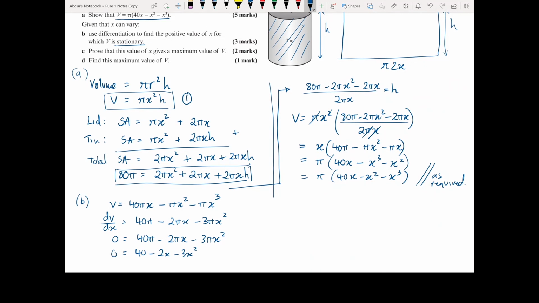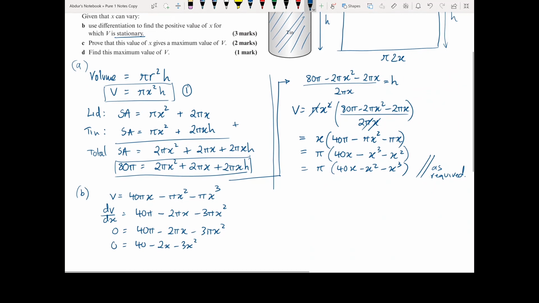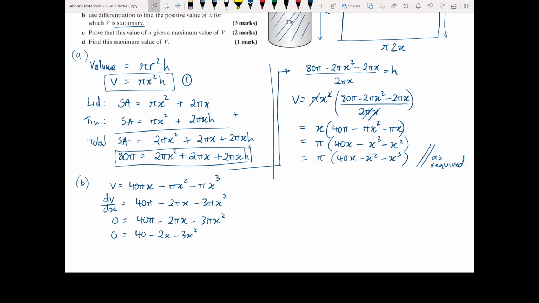We can find the x values by simply using the equation function on the calculator. If we write down the coefficient of x squared, which is minus 3, the coefficient of x, which is minus 2, and the constant term, which is 40, that then gives us an x value of 10 over 3, and a second x value of minus 4.